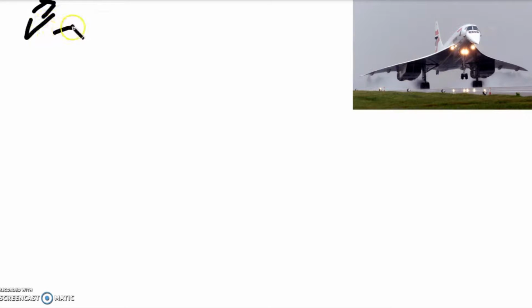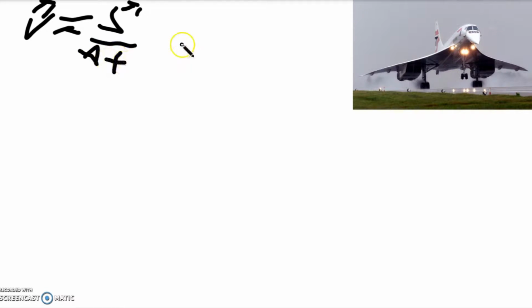Velocity equals displacement. You wouldn't put a D, you would put an S, because in calculus it's weird. We put an S with an arrow because we need a direction, over change in time. We put this delta, a triangle that means change in, and then a T for time.